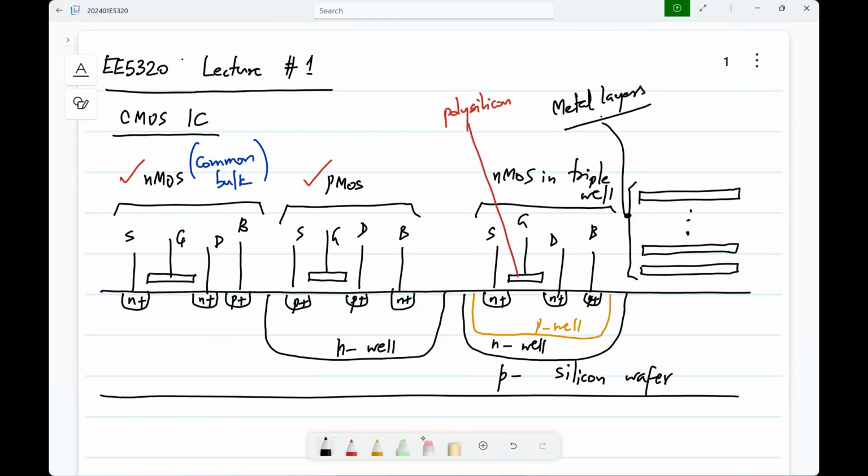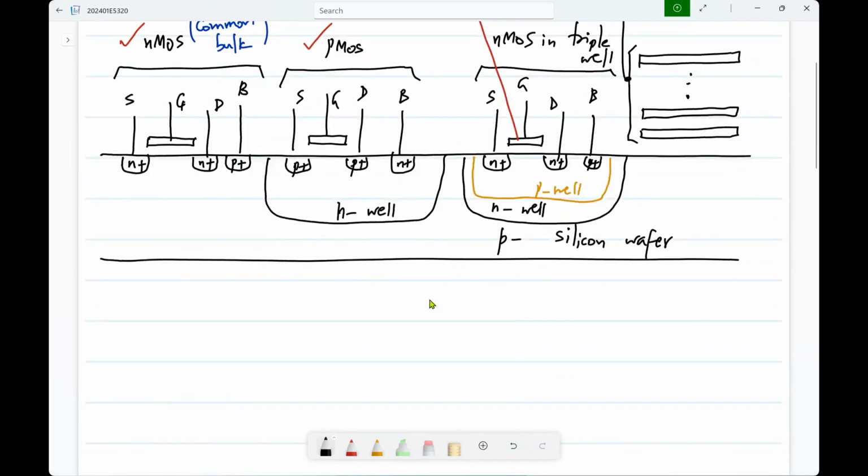So using these, you can make many components. When you have a CMOS IC, you have PMOS and NMOS transistors. This is at least the very basic stuff you will have.